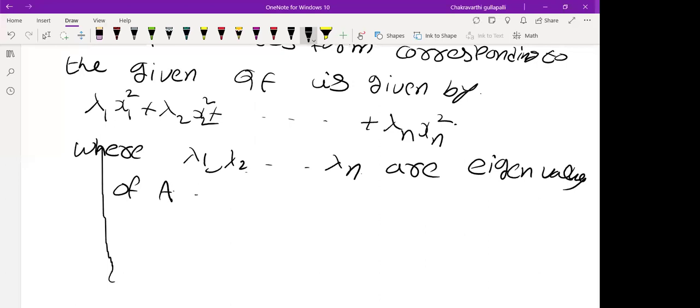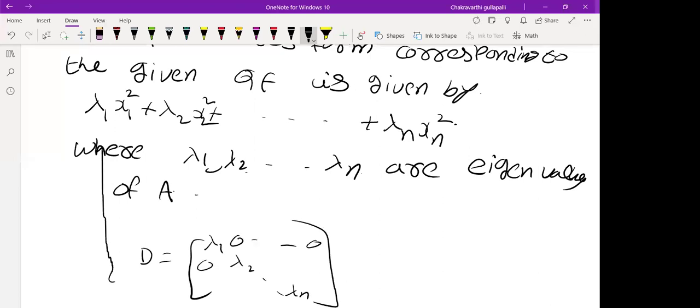If lambda1, lambda2, ..., lambda n are the eigenvalues, then what is the diagonal matrix of A? All of you know. If A is diagonalizable, then this is the diagonal form.